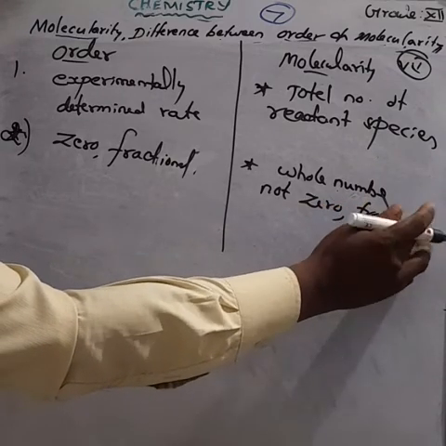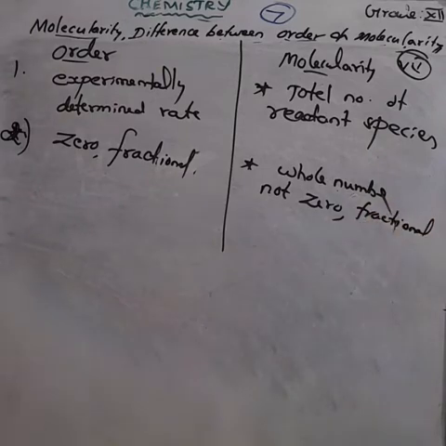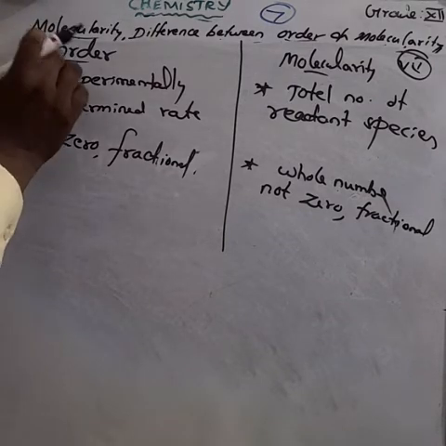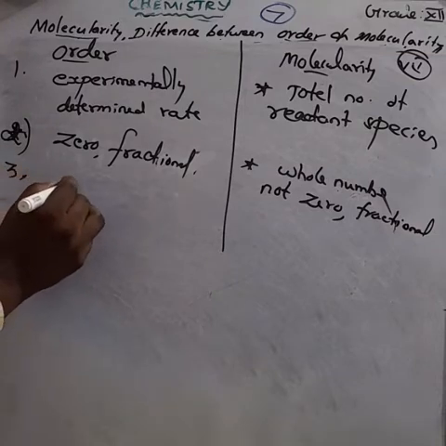So how can we determine the order of the reaction? This is the third point. Very important: the order of the reaction can be assigned from the overall reaction.